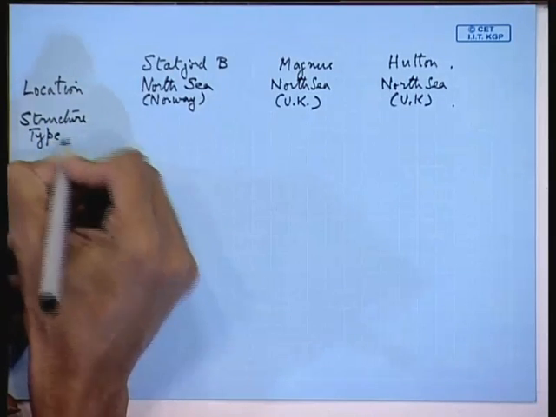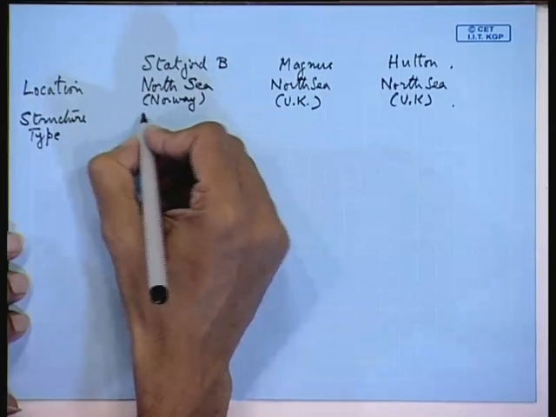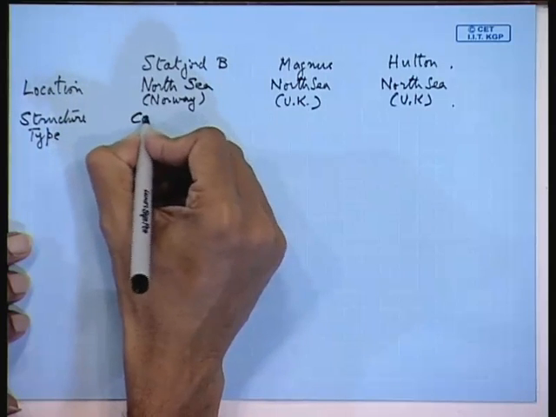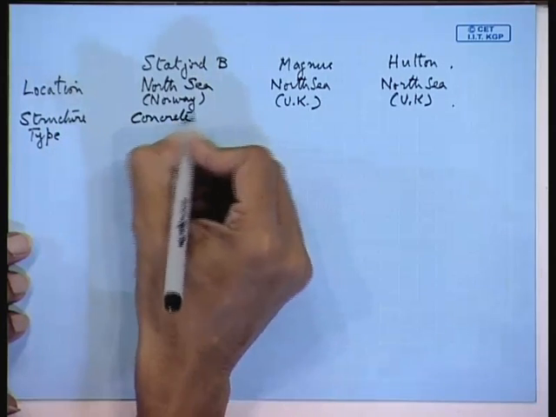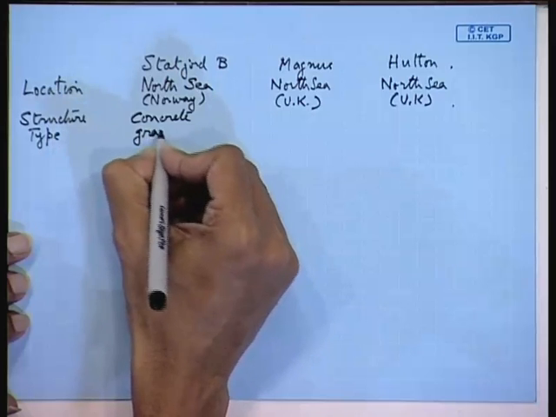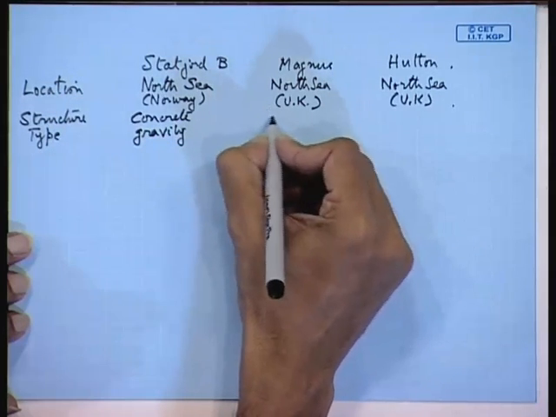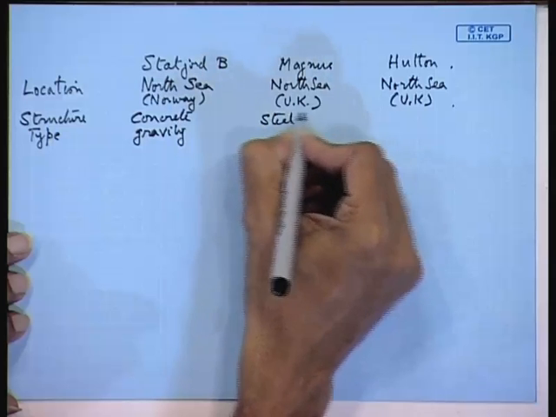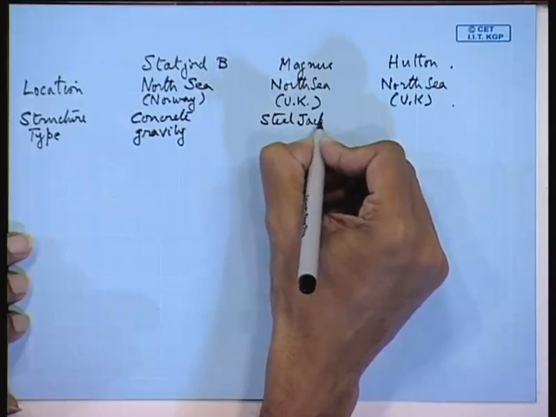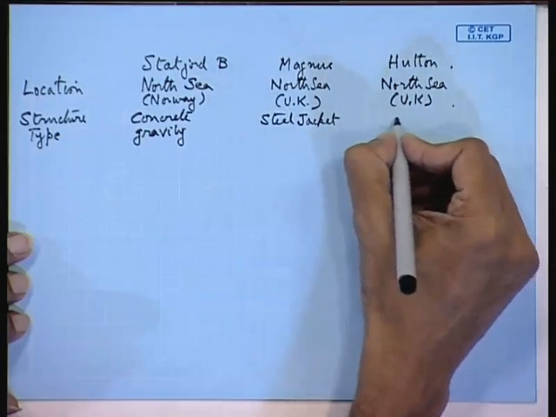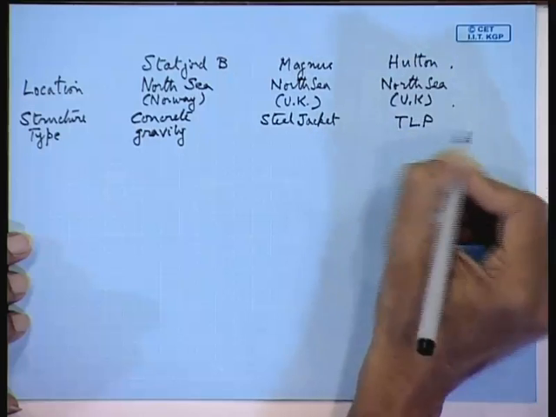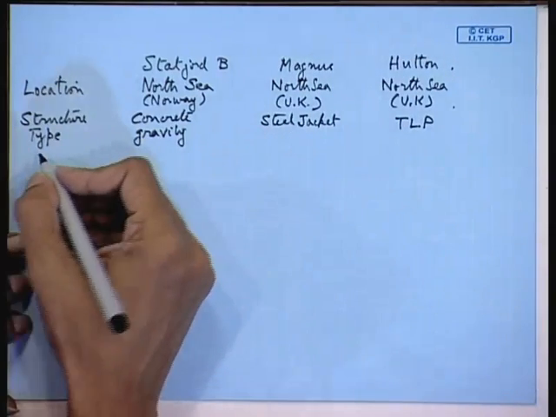Now, here you have structure type. The first one is concrete gravity. Next is steel jacket. And the last one is your TLP, that is a tension leg platform.